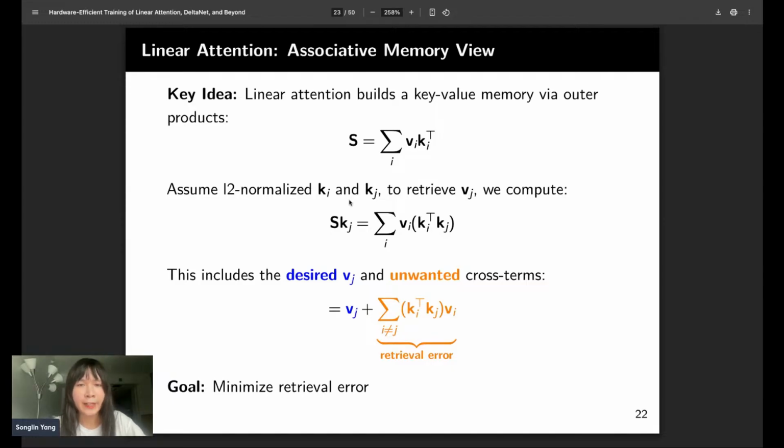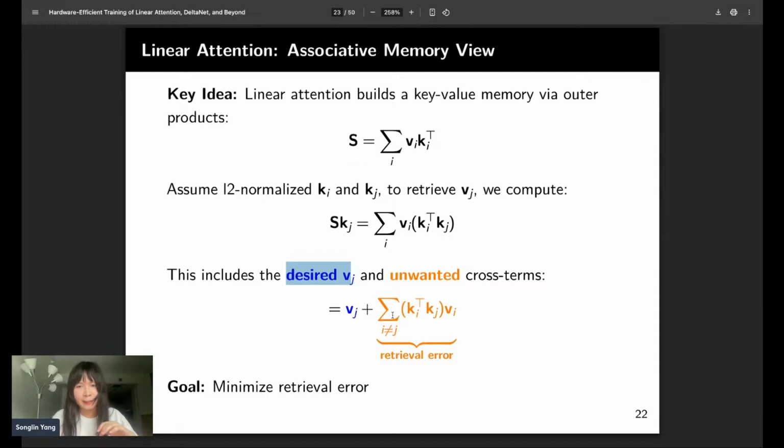If we use a key to retrieve the output from this recurrent memory with this memory readout operation, we can see that this k_j is associated with the value at the s-th time step. So ideally, we want to retrieve v_j from this recurrent memory.